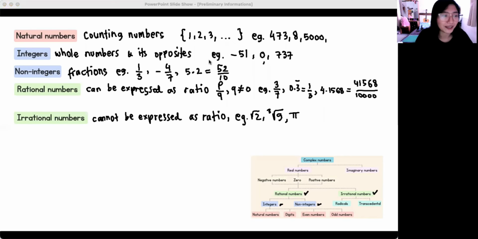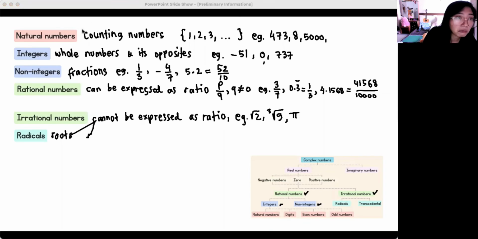Interesting story about him. Next, if you see here, under irrational numbers, we have sets of radicals and sets of transcendental numbers. Let's discuss more about it. So radicals are roots of integers.